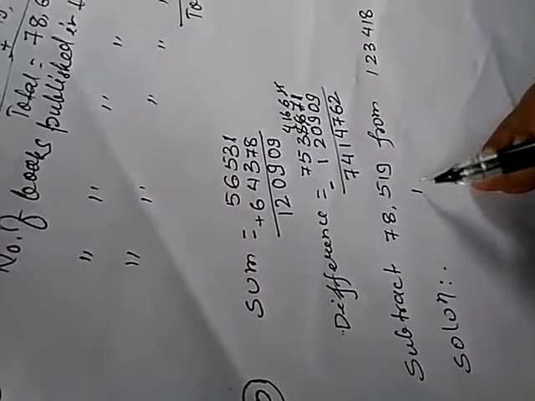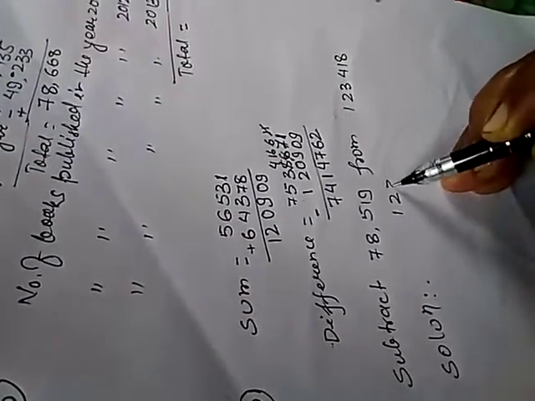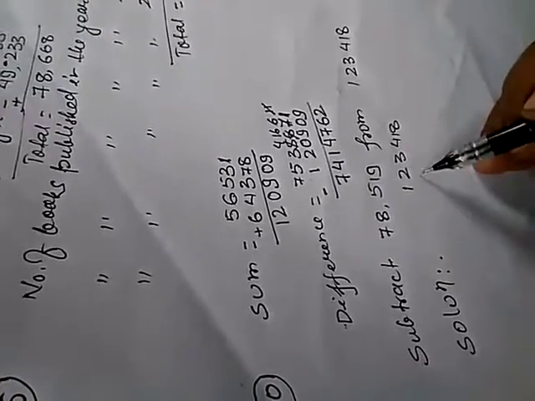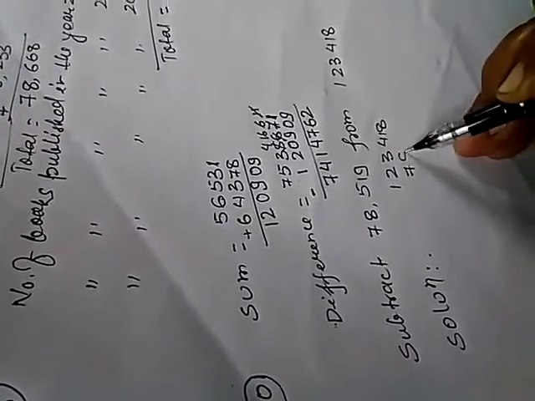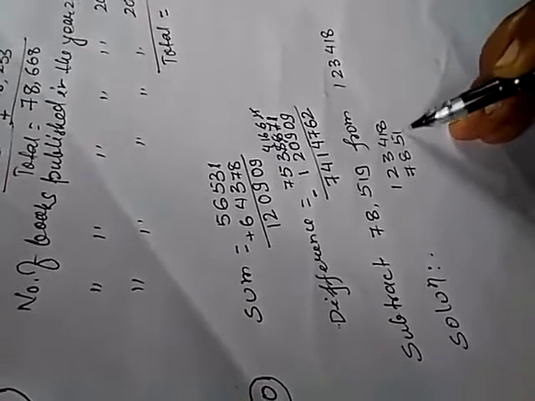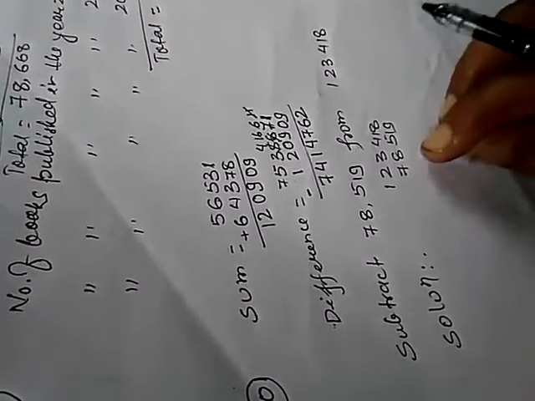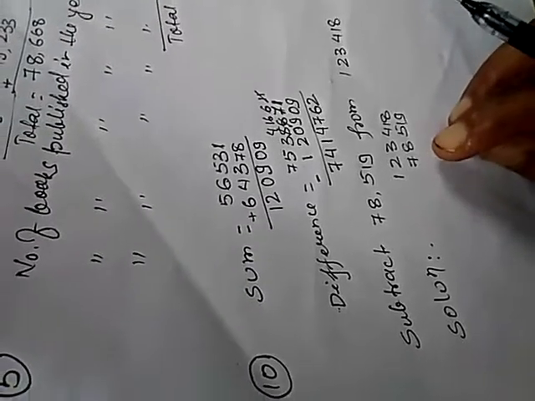So, write the bigger number first, 1,23,418. And we have to write here 78,519. See, children, maximum children make some mistake while writing the numbers.